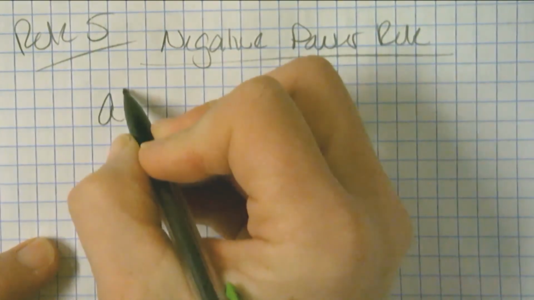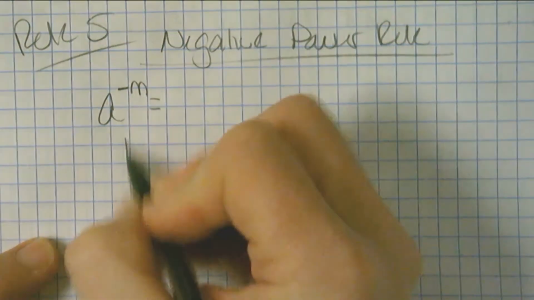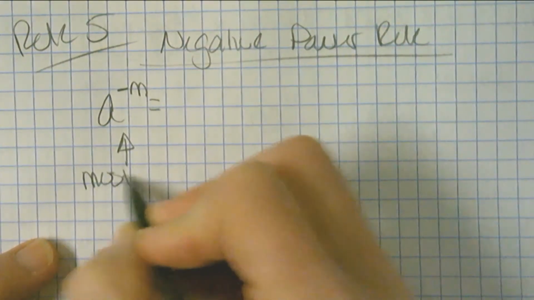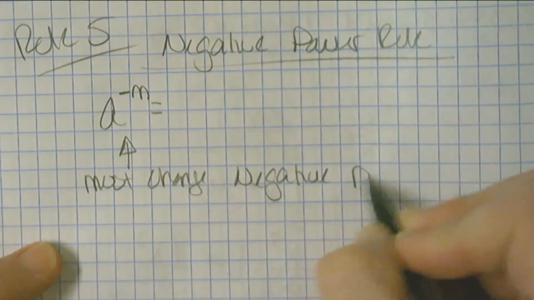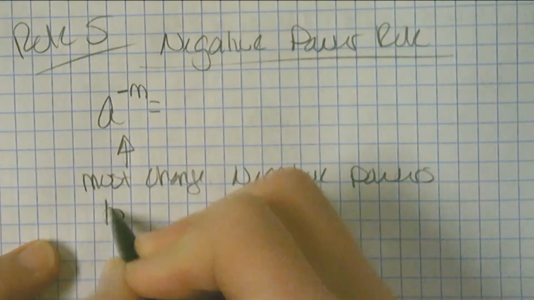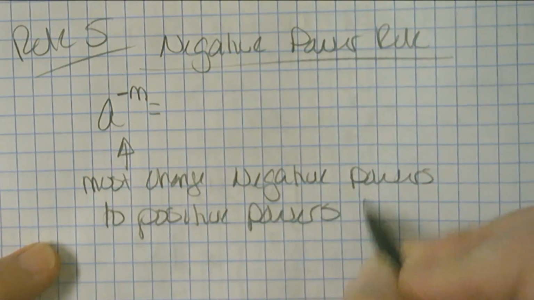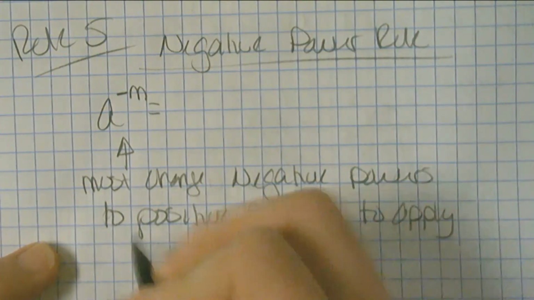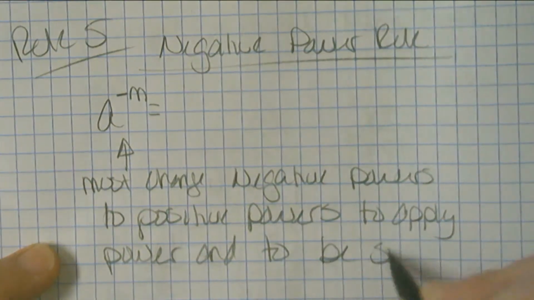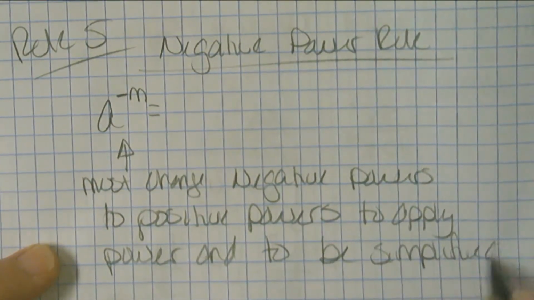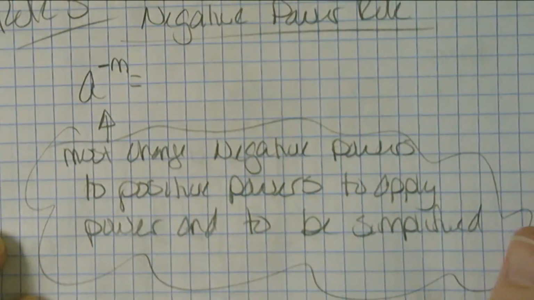So if I have a to the negative m power, I must change negative powers to positive powers to apply the exponent, the power, and to be simplified. I have to. So I need to change them into positive powers.